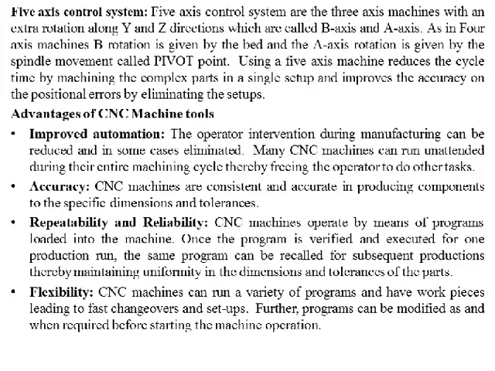So there is no need for the operator to take part in the process of manufacturing. That's why CNC machines can run unattended during the entire machining cycle, thereby helping the operator to be free to do other types of tasks. Therefore CNC machines are completely automated, and hence there is improved automation.